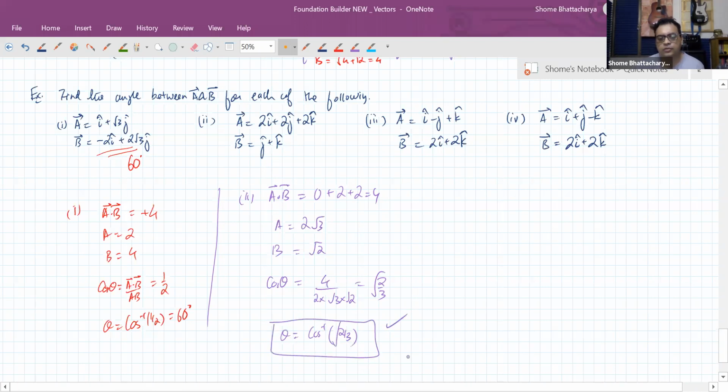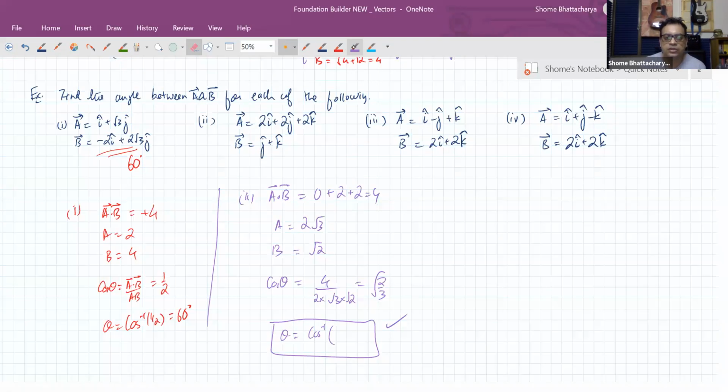This will become the angle for us. We don't need to calculate anything further. We can just leave the answer in cos inverse form.